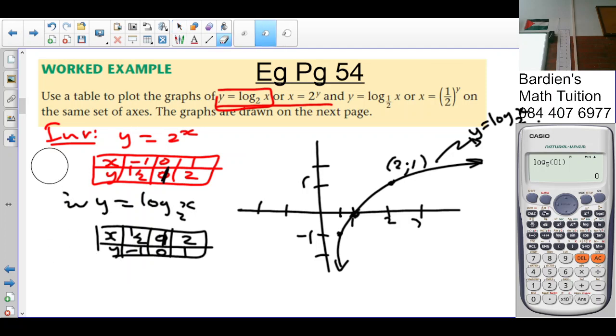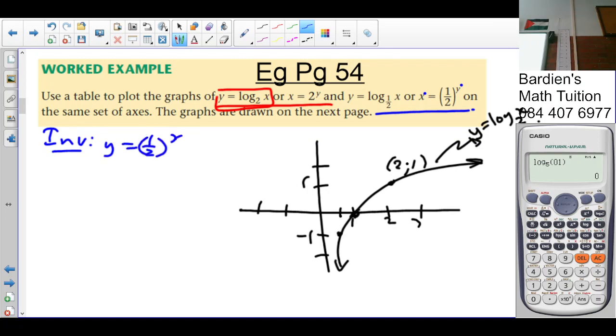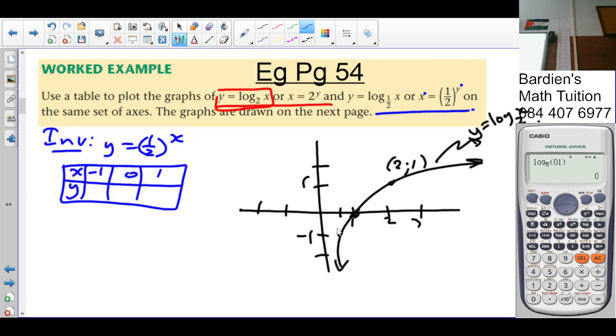Let's look at the next graph. Again, I work out the inverse function. Why? Because I am again familiar with the exponential graph. Interchange x and y. So we got y is equal to a half to the x. Minus 1, 0 and 1 for x, and 2, 1 and half for y.